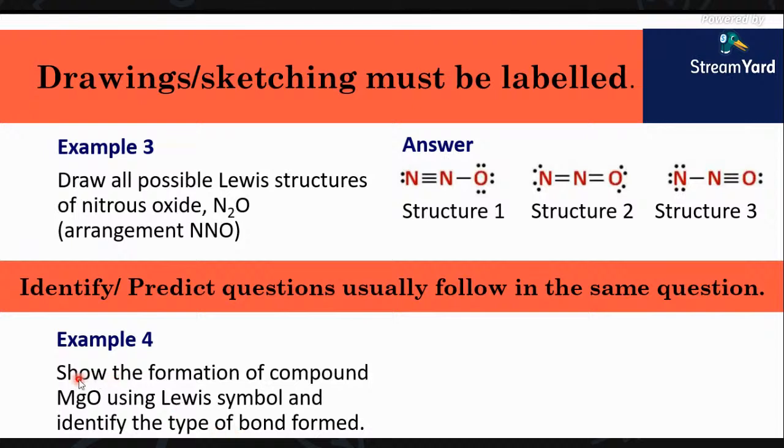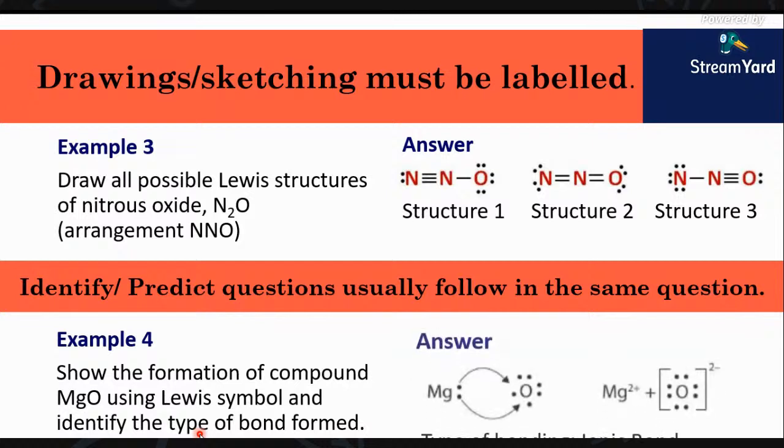It is very tempting to read halfway, show the formation of compound MgO using Lewis symbol, but most of the time, because you're rushing for time and want to finish the paper fast, you tend to miss out on the second line. So tell yourself during the exam that you have to read it fully, because usually these predicting and identify questions follow very closely in the same sentence.